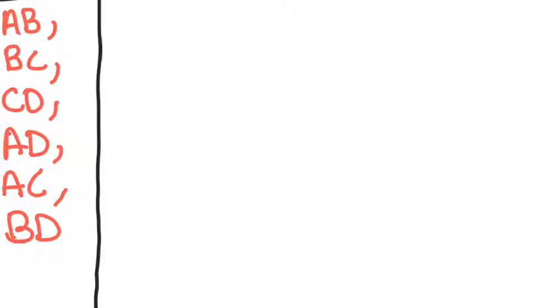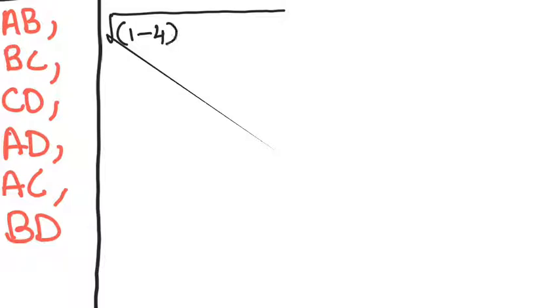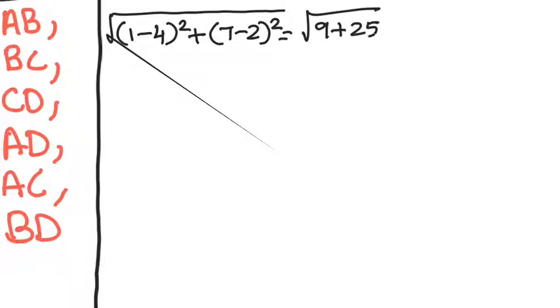I hope you have noted down the points. So let's begin by calculating AB, that is root of (1 minus 4) the whole square plus (7 minus 2) the whole square. You all know how to put the values from the points into the formula. So this is equal to 9 plus 25, that is equal to root of 34. Now next is BC.